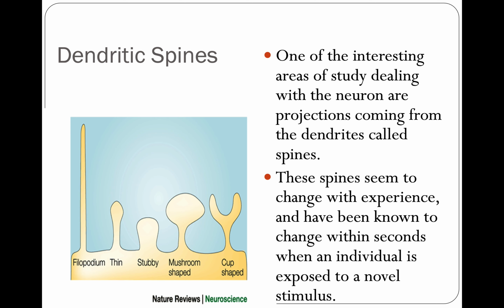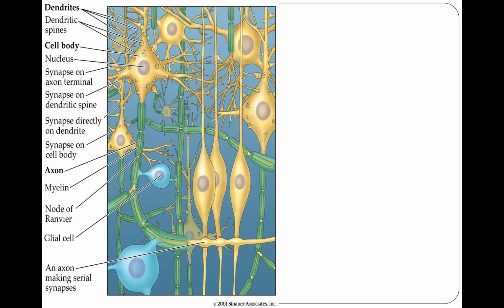That's why you have muscle memory, because of these dendritic spines, and they're constantly changing. Their mission is to adapt to the environment. And this is what the dendritic spines look like, making connections and allowing you to do the same thing over and over again or to remember something.